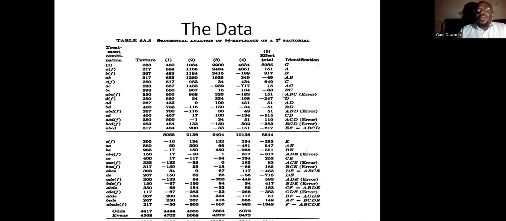Now, something is of note here. We're assuming that 3 level interactions go to error. All 3 level interactions. See? They are labeled with error. As for 4 level interactions, their alias will be a 2 level interaction.